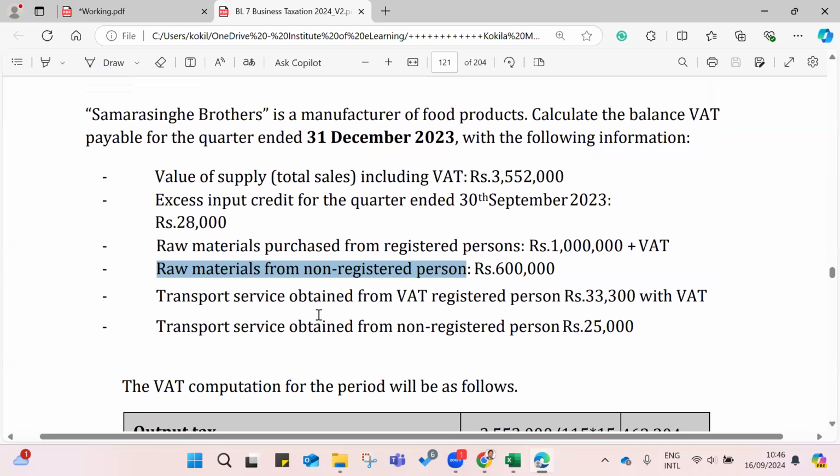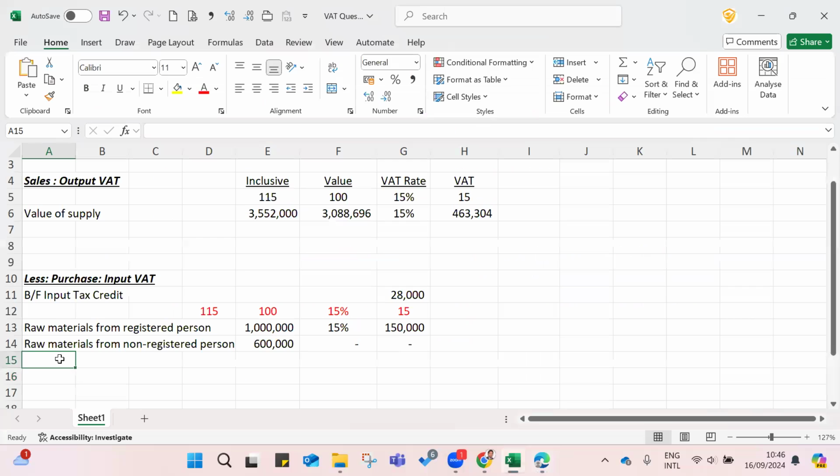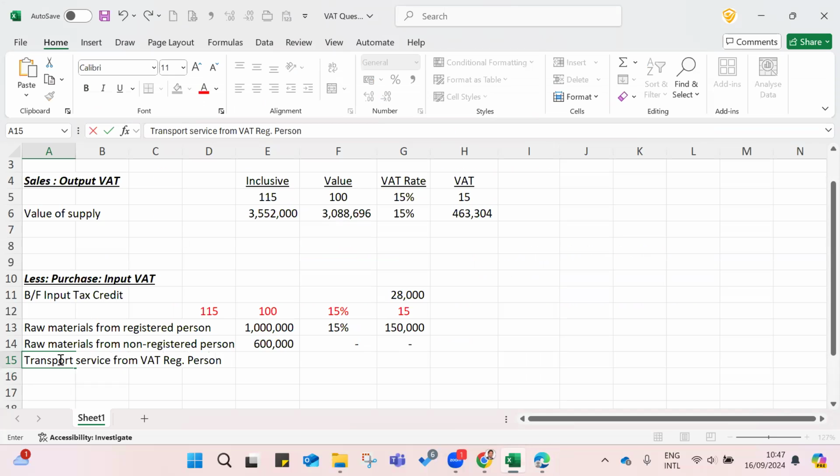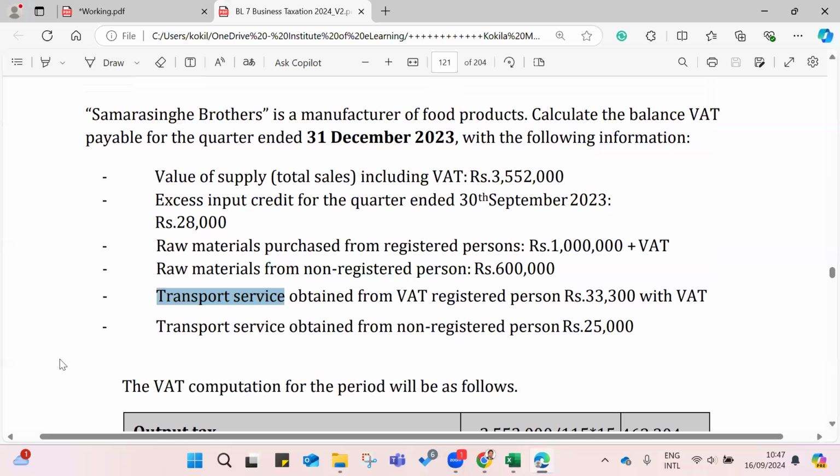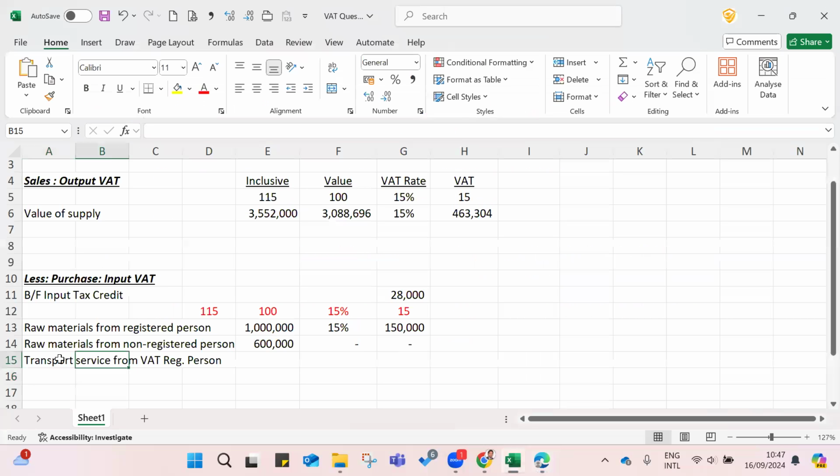And transport service obtained from VAT registered person, 33,300.